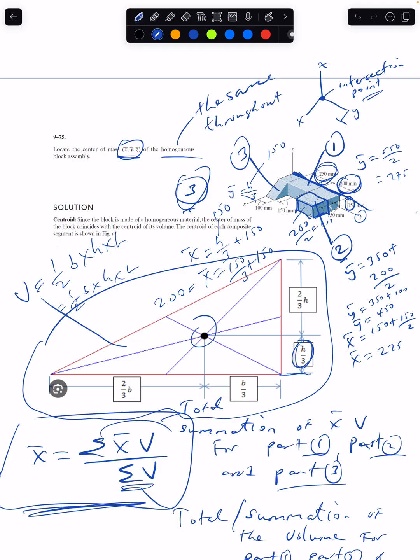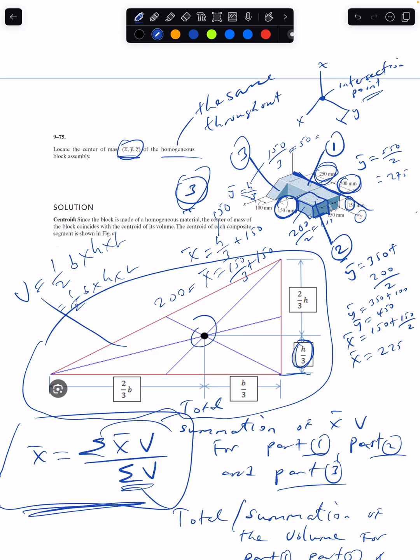The height is equal to 150. And if you consider this, this is actually the base I'm talking about. So it's 150 divided by 3, which is 50.